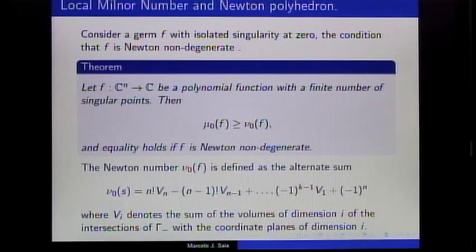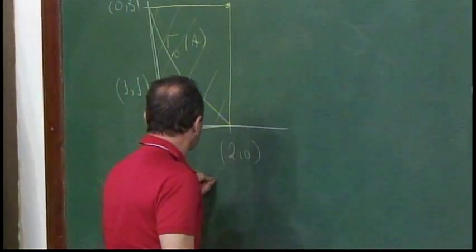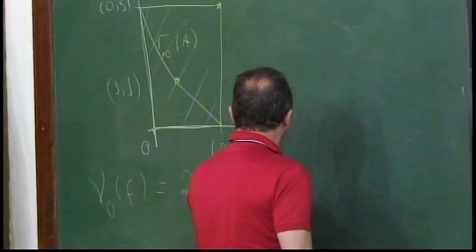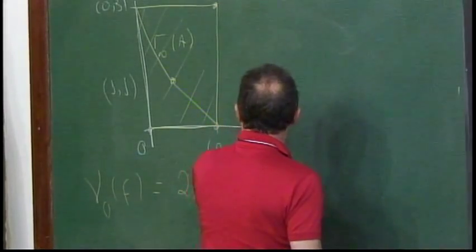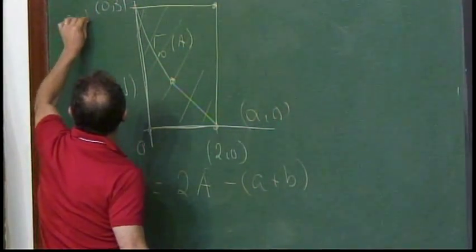In the two-dimensional case, the number nu_0 of f is always 2 times the area minus (a plus b). Here I have (a,0). Here I have (0,b).